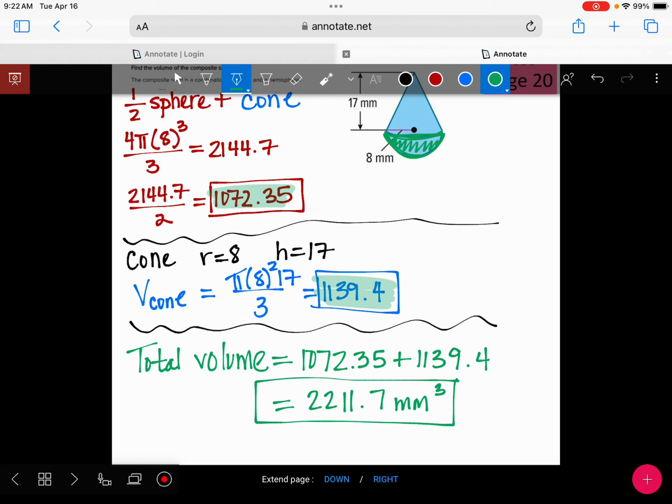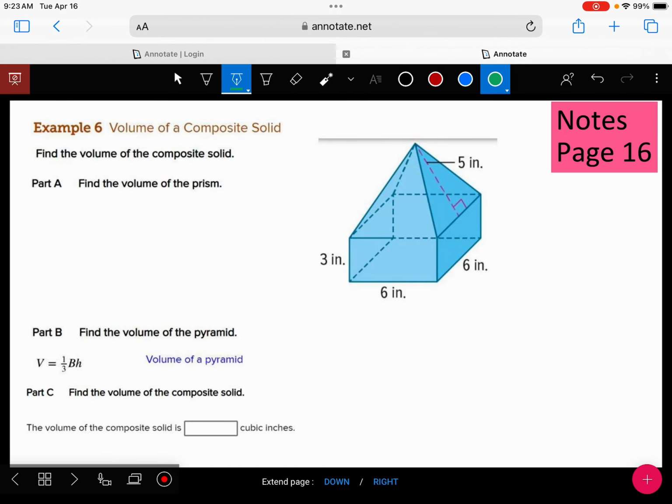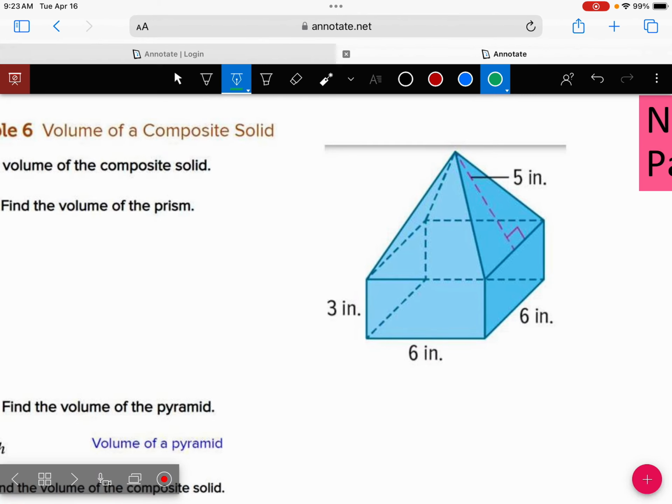All right, so there's one more composite shape. So I want you to flip back in your packet to page 16. So now we have two different shapes put together. So what we have in this one, at the top we have a what? What do we call this shape? A pyramid. And what kind of base do we have on this pyramid?